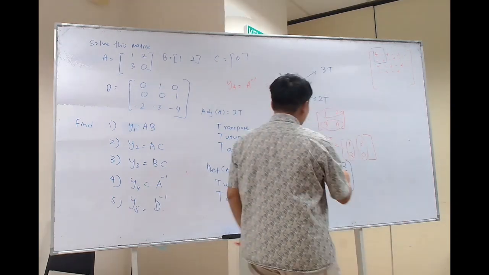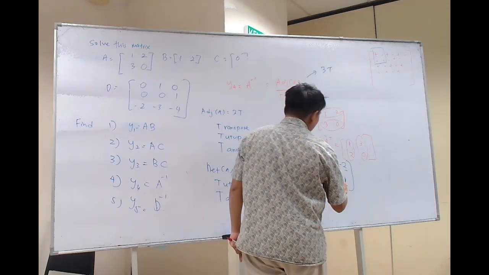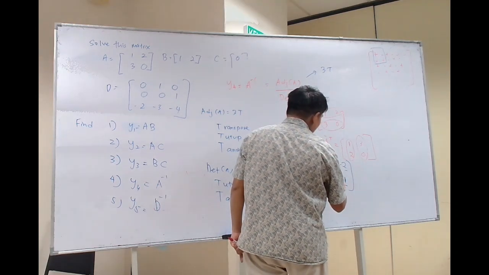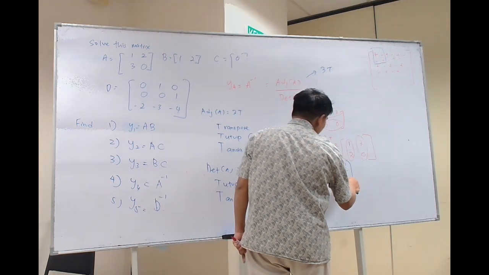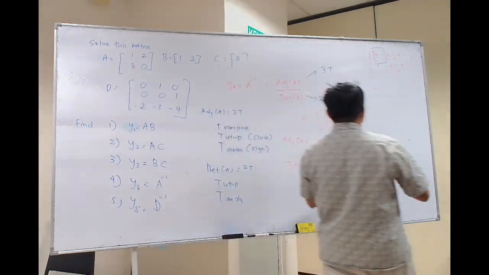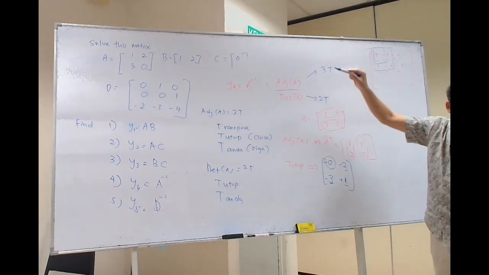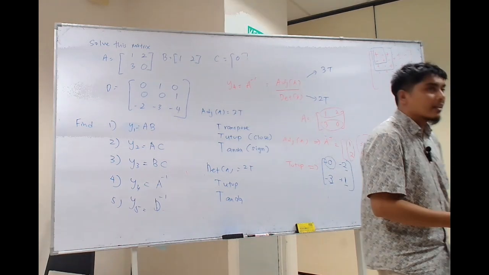Then you apply positive, negative. Here will be negative and positive. If the matrix is 3 by 3, you need to consider 3 by 3 sign.